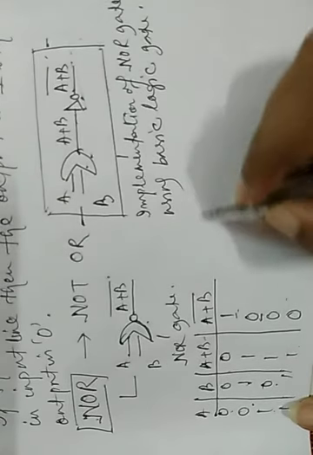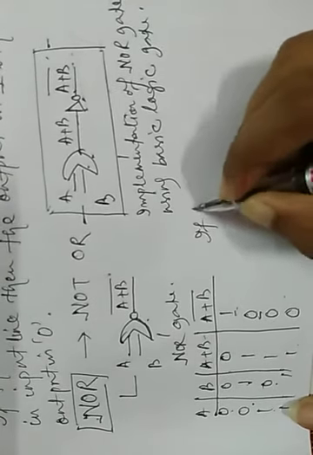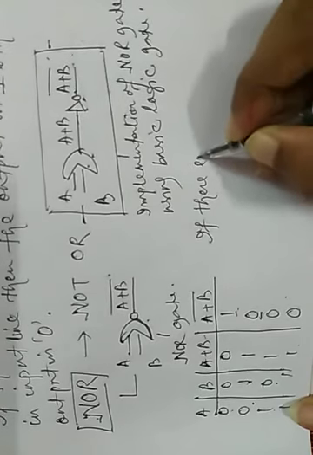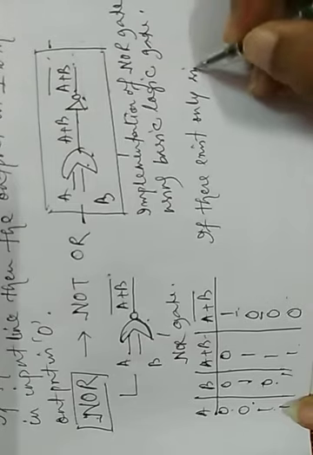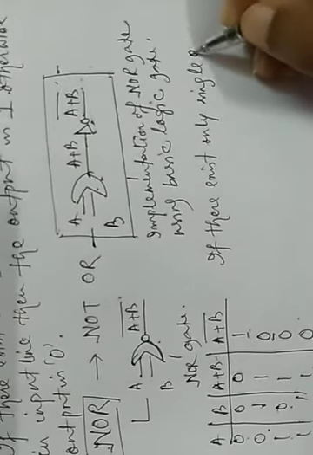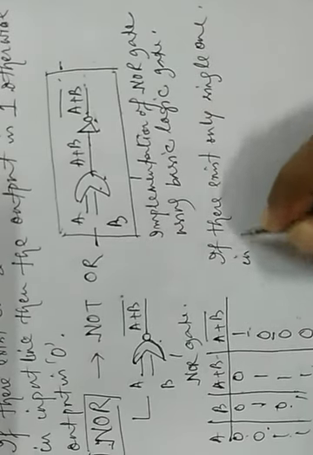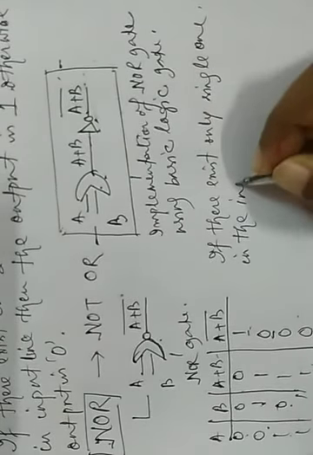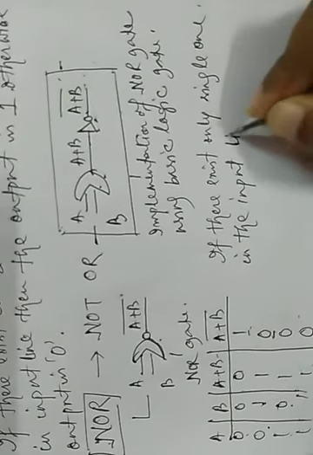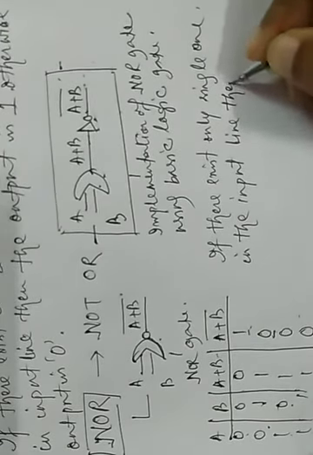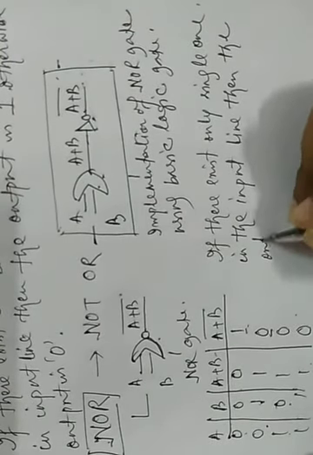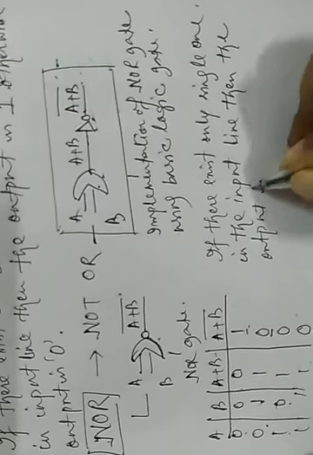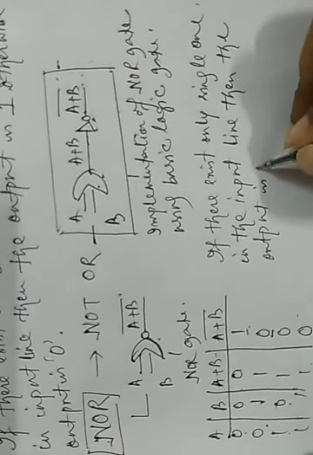So its definition will be: if there exists a single 1 in the input line, then the output is 0.